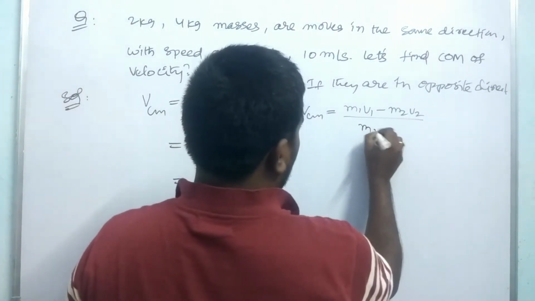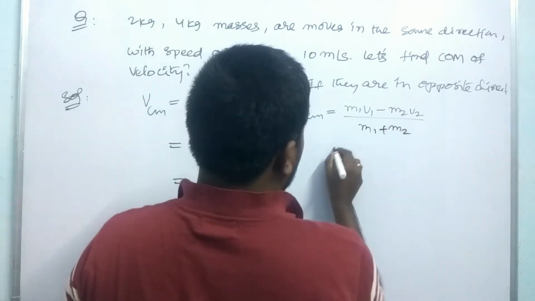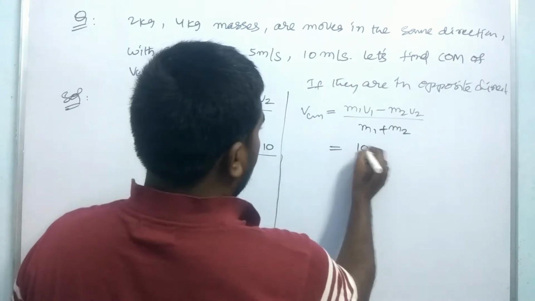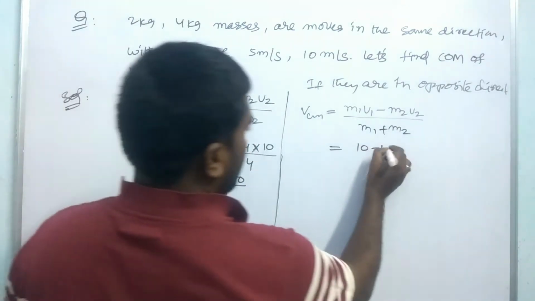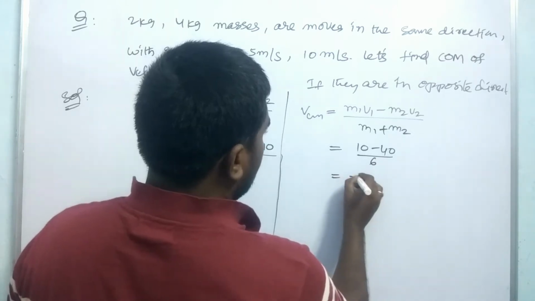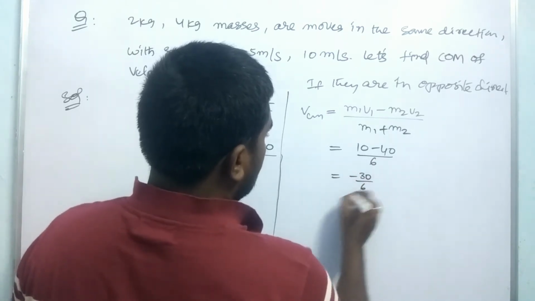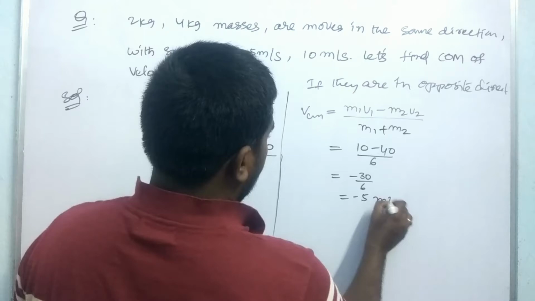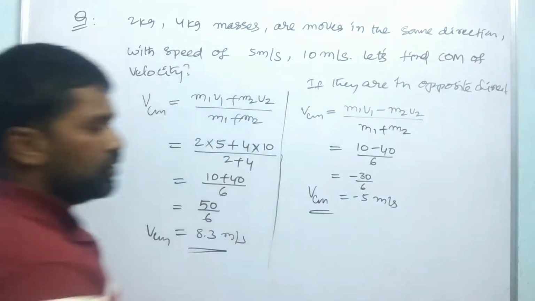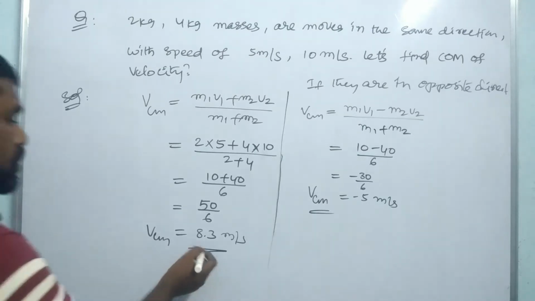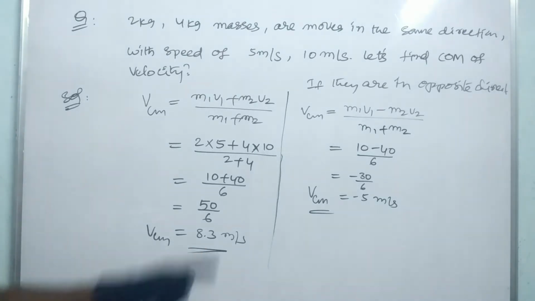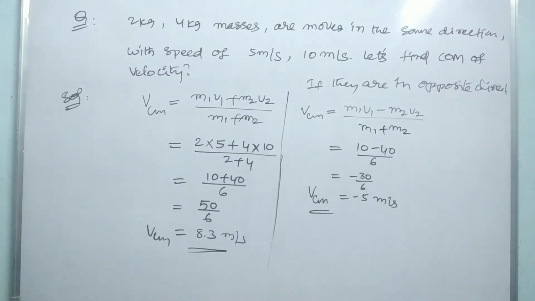So here there is a minus. It is 10 minus 40 by 6, which is equal to 30 by 6, equal to minus 5 meter per second. So this is the VCM if they are in opposite directions. If they are in the same direction, this is the center of mass of velocity; if they are in opposite directions, that is the center of mass of velocity.